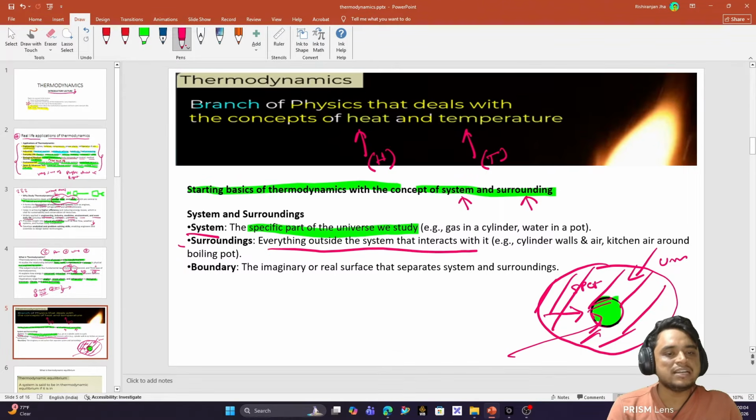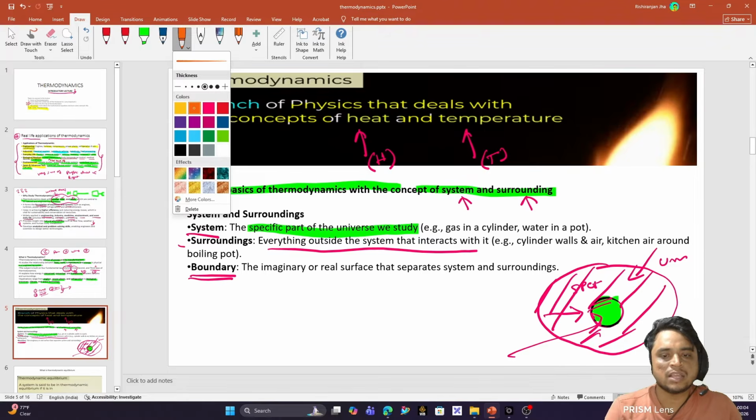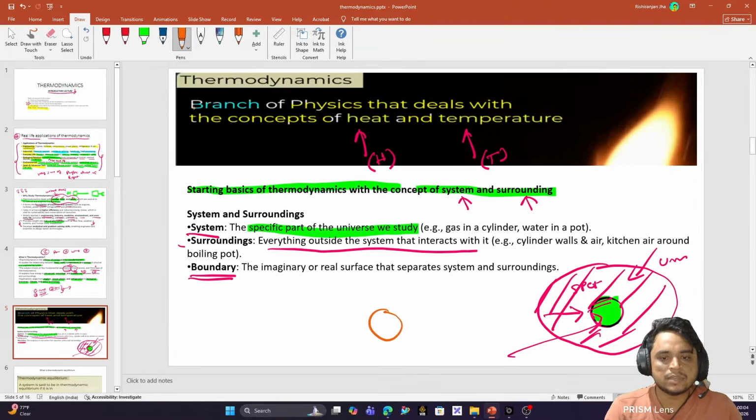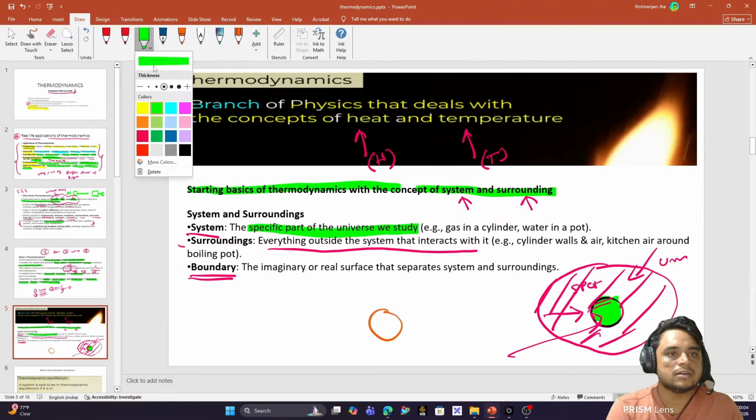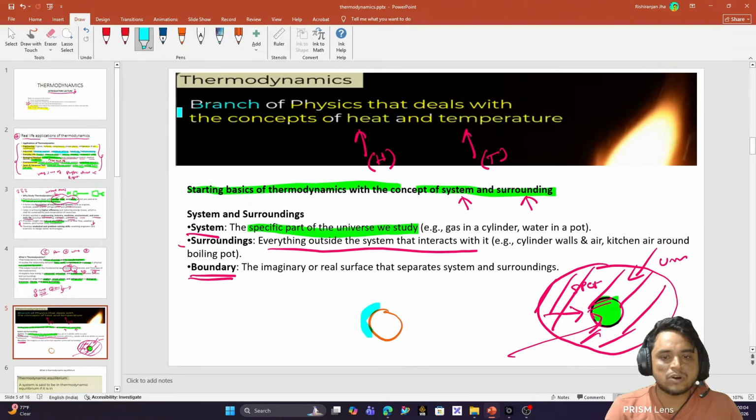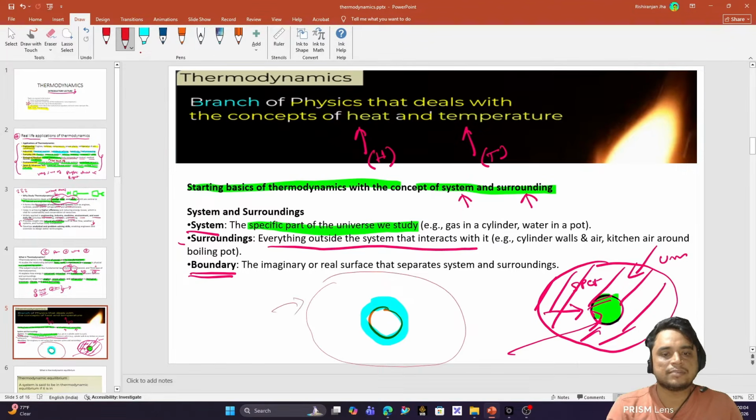Now we will study the boundary. A boundary may be an imaginary surface or a real surface that separates the system from the surrounding. Have a look at it. Suppose this is the Earth, this is the atmosphere, and the rest of the part is the universe, right?